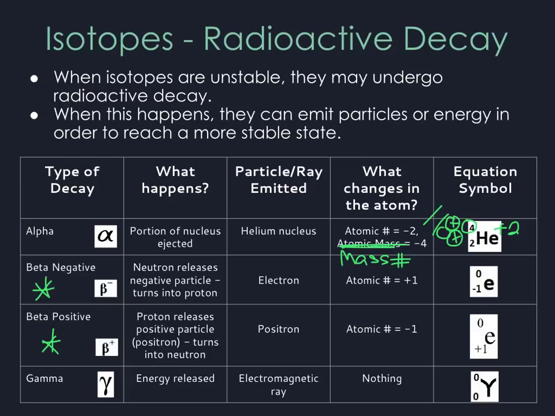And so if a neutron releases a tiny particle that's negative, that means that it's going to turn into a proton, okay? Let me just try to draw that really quick. Let's say we have a positive, a negative, and a negative. And this is a zoomed in neutron, okay?